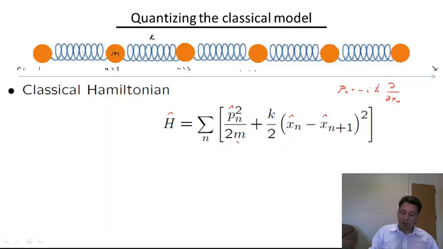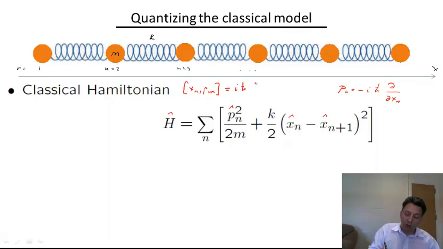So it acts only on the coordinate of the nth oscillator. Now, these x and p satisfy the canonical commutation relations. If they correspond to the same atom, x_n and p_n commute to i h bar. If they correspond to a different atom, so if we have x_n and p_m, then it's going to be 0 if n is not equal to m.